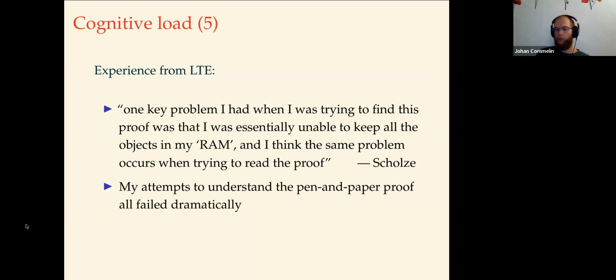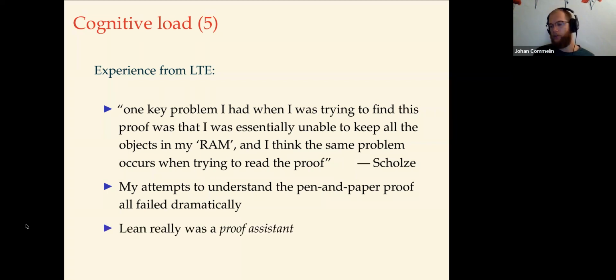This was all part of the process of the formal verification, because I tried to understand the big picture. I tried to understand the proof so that I knew better how to then transform it into a formally verified proof. But this just failed. And so Lean really was a proof assistant.